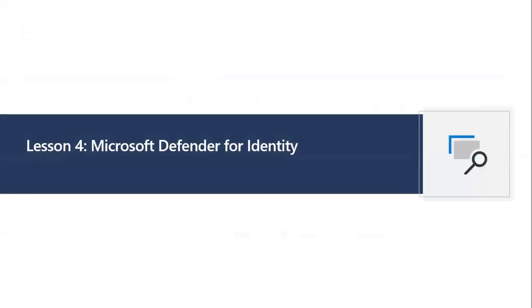Now let us discuss lesson 4, that is Microsoft Defender for Identity. As I have already explained, Microsoft Defender for Identity means Microsoft is going to defend or secure your identity, meaning who you are.